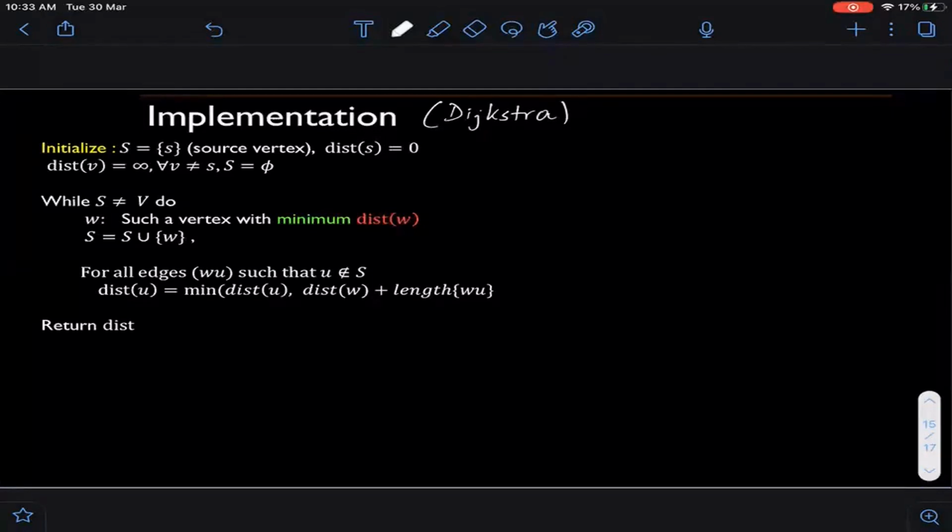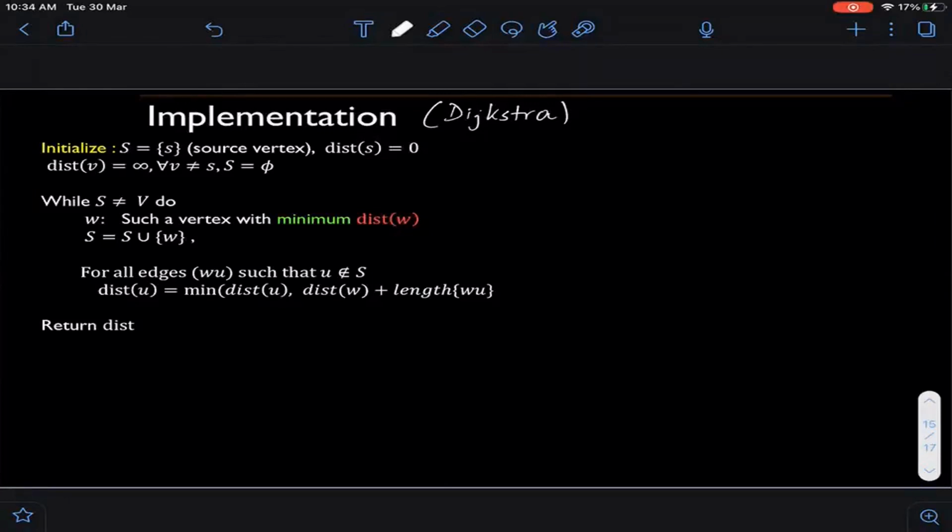And the punchline is that whenever I include any vertex in the set S, I should have correctly computed its shortest path from s. So the shortest path label for that vertex is not going to change ever again in the subsequent iterations. And we proved why this is so.